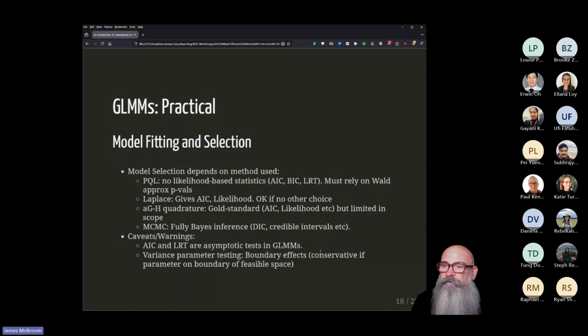Parameter testing for variance components, there's a boundary effect, a known effect of estimates on the boundary when it comes to this sort of stuff. Especially for variances, we have that boundary at 0. Variances can't be negative, so they're bounded below at 0.